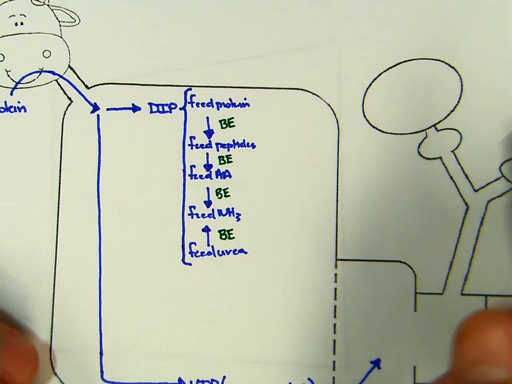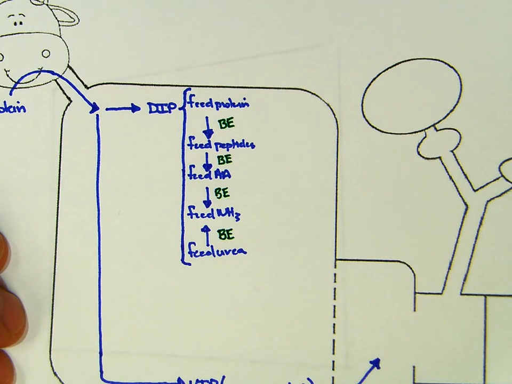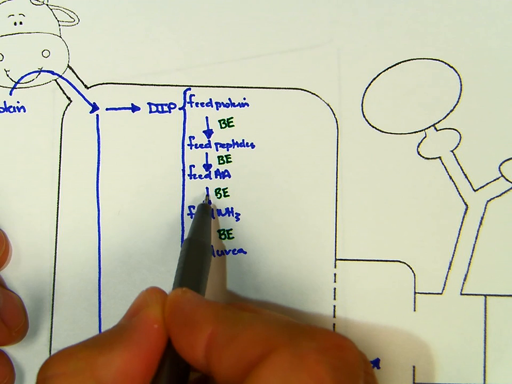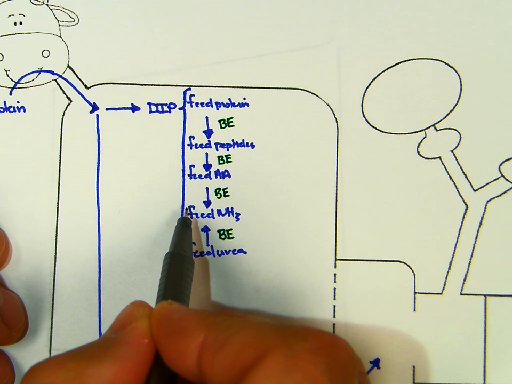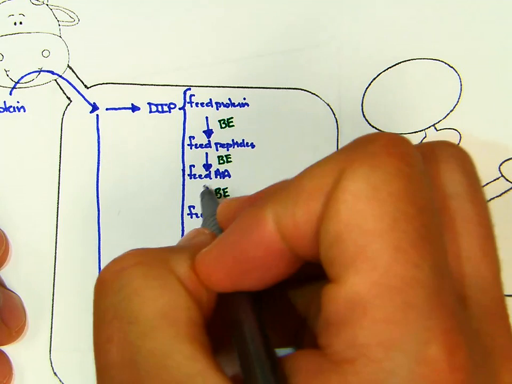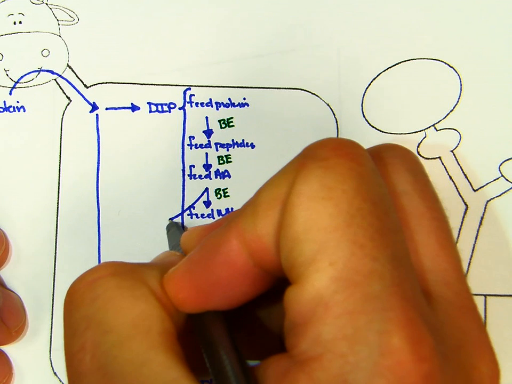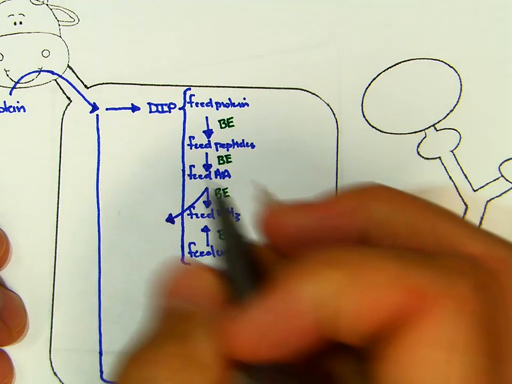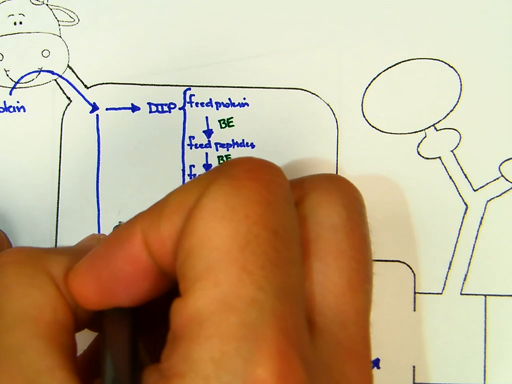Okay, and a real important step is as we take feed amino acids and make them into feed ammonia, we're going to release two things. The first thing would be a carbon skeleton.